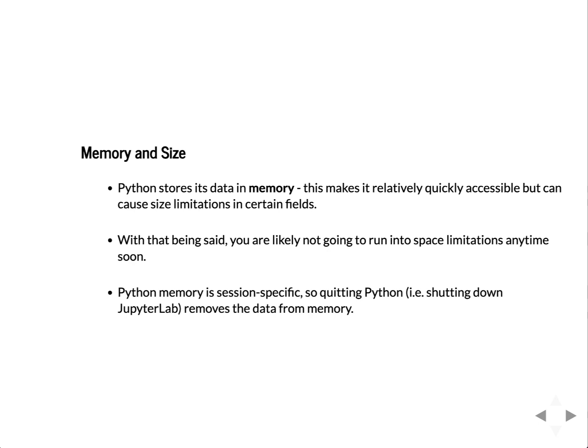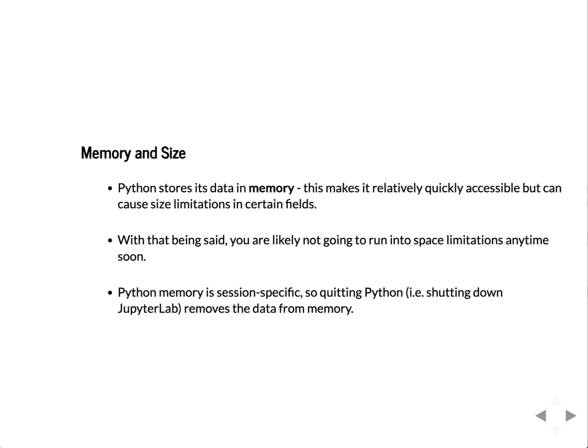However, as you work with much larger data sets, you may have hundreds of millions of observations if you're working with like a large retail business. You can definitely run into memory constraints with Python.